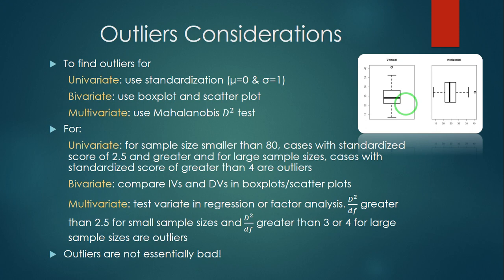And the very important point again is that outliers are not essentially bad, and you have to find the reason behind them. If, for example, they have happened because of some errors in the data entry, or sometimes they have happened because of technical issues.